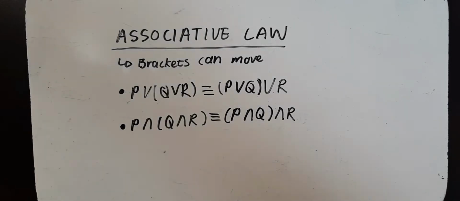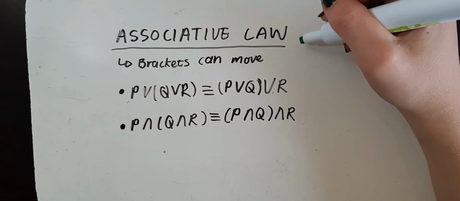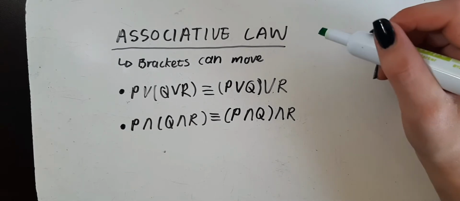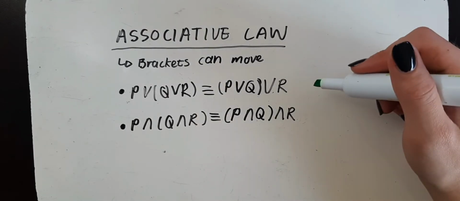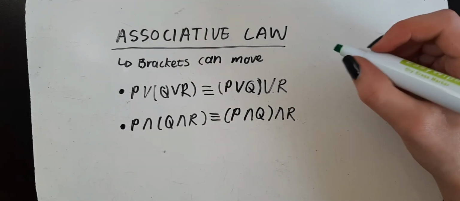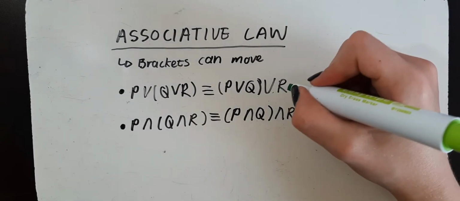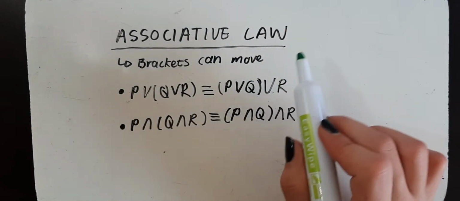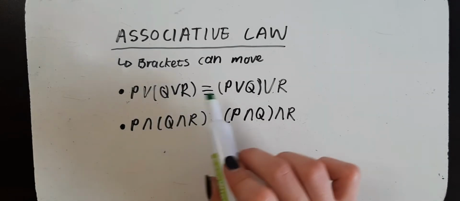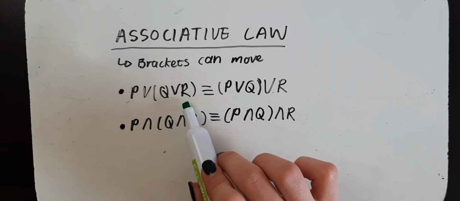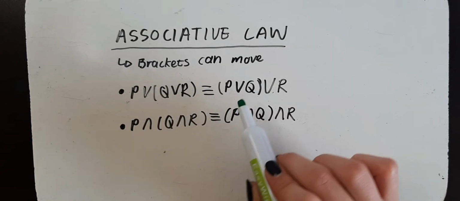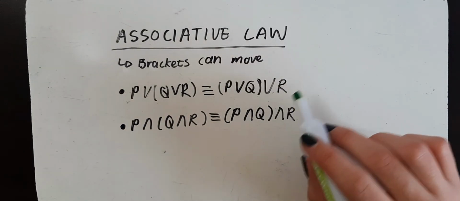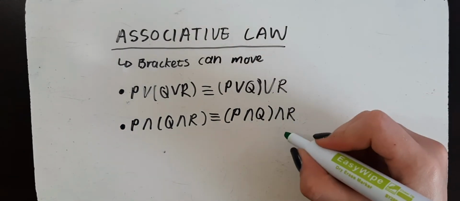The second law is the associative law. Now, this law states that brackets can move. If you have more than two variables, you can group them together and the meaning of the whole statement will stay the same. So for example, here we have P or, in brackets, Q or R. And that is logically equivalent to, in brackets, P or Q, or R. And it is exactly the same for AND.